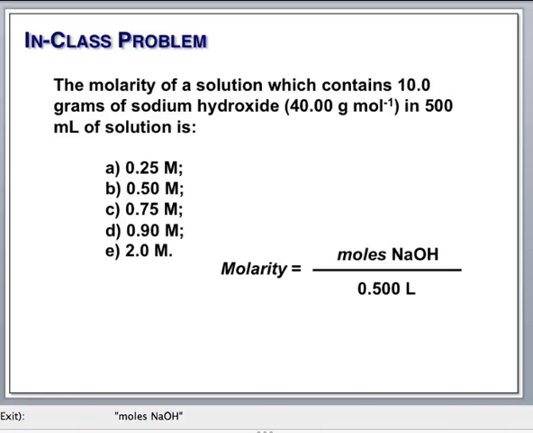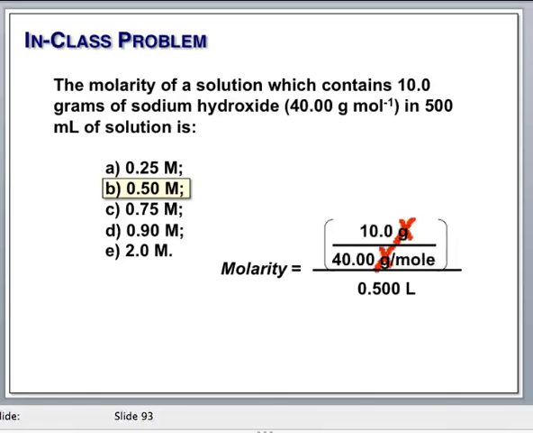That's a common mistake, people not converting it to liters. Don't do that. Moles of sodium hydroxide. Well, here we have a mass, and we have a molar mass. The other thing I like to say is mass over molar mass is moles. So this gives us moles divided by liters. 10 divided by 40 divided by 0.5. Grams cancel. We have 0.5 molar.